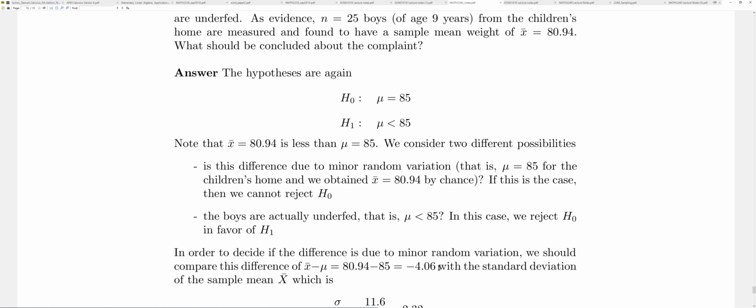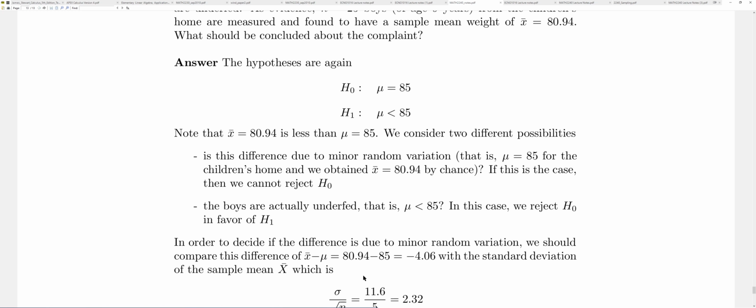And what's a random fluctuation? How you measure a random fluctuation in a population is by using the standard deviation. So you take the actual difference that you got and compare it against the standard deviation.